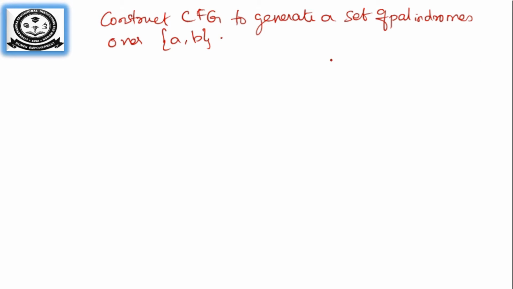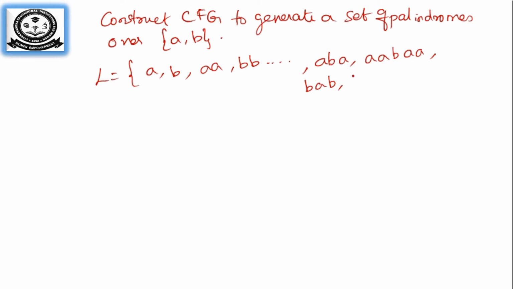So what is a palindrome? When you read it from left to right or right to left, it should be the same. For example, from the symbols, A can be a palindrome, B can be a palindrome, AA, BB, everything can be a palindrome. So let us consider the combinations ABA, AABAA, and other possibilities you can have: BAB, again BBABB.